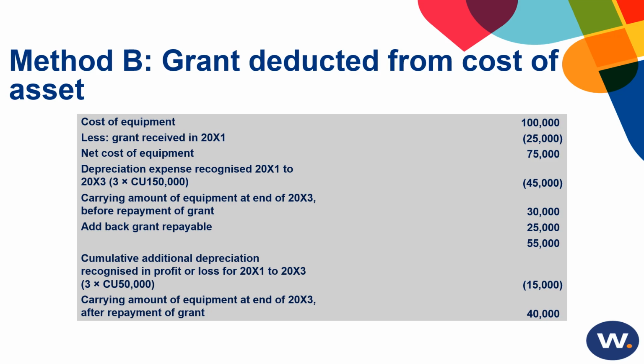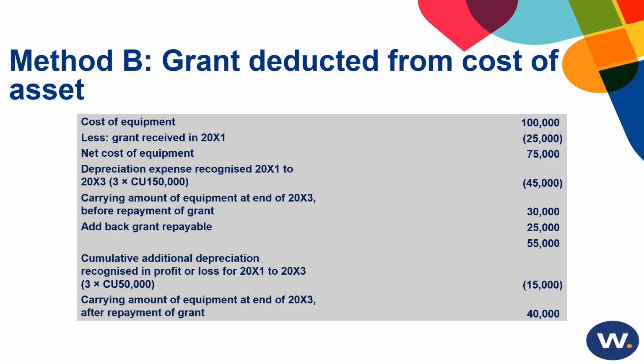This will be depreciated using the straight line method, and the asset has a residual value of 0. The depreciation expense, which will be recognized on an annual basis, will be 15,000 Rand. So when we reach the end of 20x3, we've recognized 3 years of depreciation, therefore 45,000 Rand. The remaining balance of the asset, the carrying amount of the asset at that date, is 30,000 Rand.